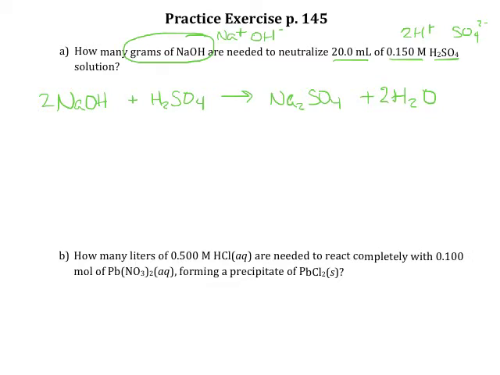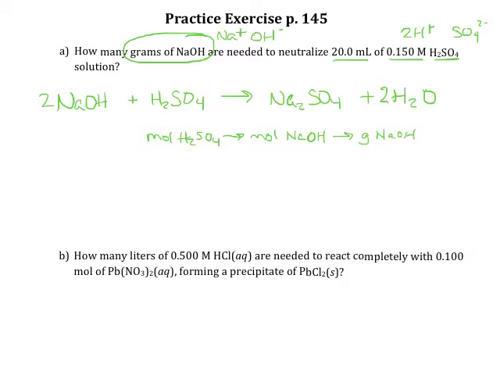Now let's think about what our game plan is. We've got a molarity and a volume of sulfuric acid. So we know that we can calculate moles of sulfuric acid. We're going to use the balanced reaction to figure out moles of sodium hydroxide, and then we know how to change moles into grams.